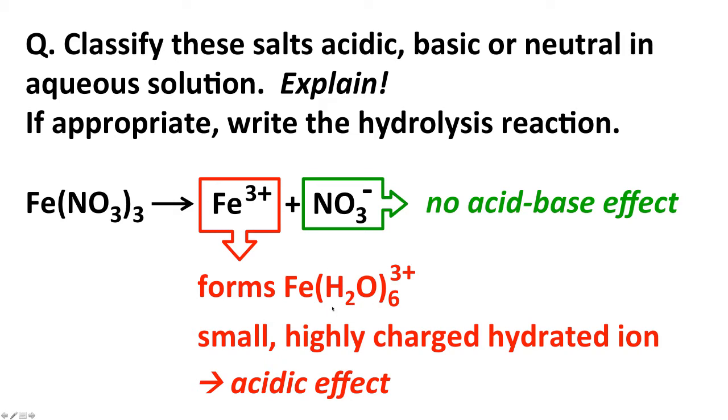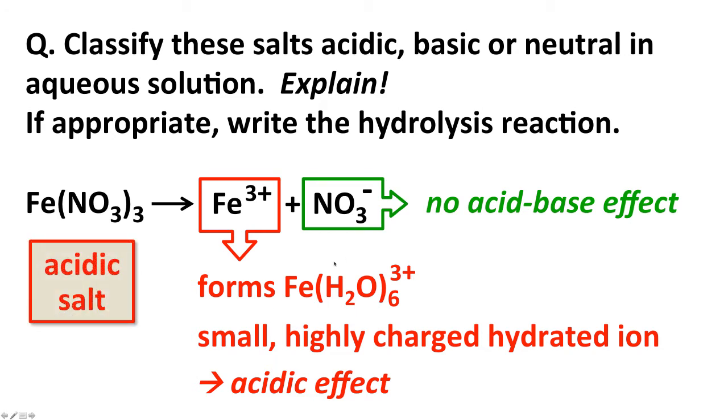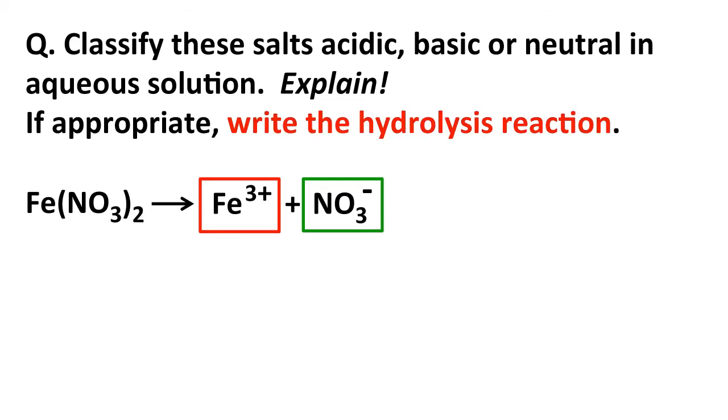Iron ends up having 6 water molecules bound to it, so it's Fe(H2O)6 with an overall 3+ charge because iron's 3+ and water is neutral. And this complex ion makes the solution of the salt acidic.